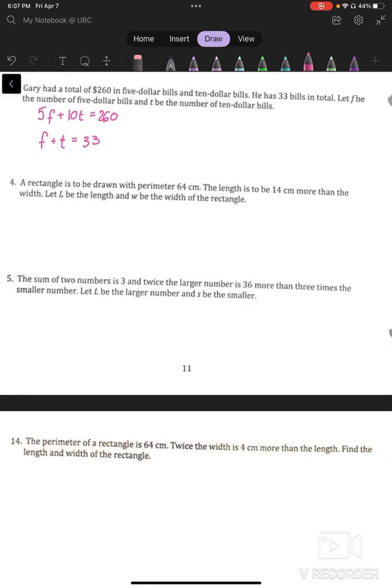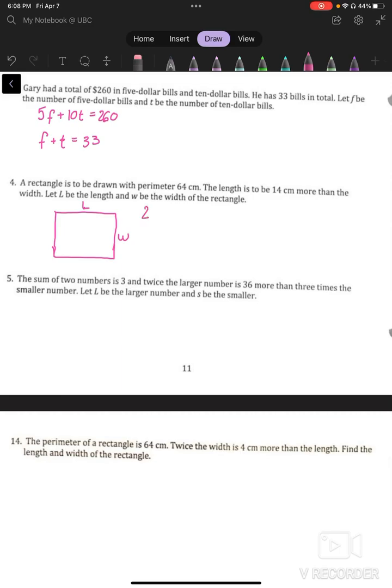So a rectangle is to be drawn with a perimeter of 64 centimeters. So you would definitely have to draw this out like that. So you have a perimeter of 64 centimeters. So you have L is the length and W is the width. So first, you'd have to set up an equation for the perimeter of this rectangle.